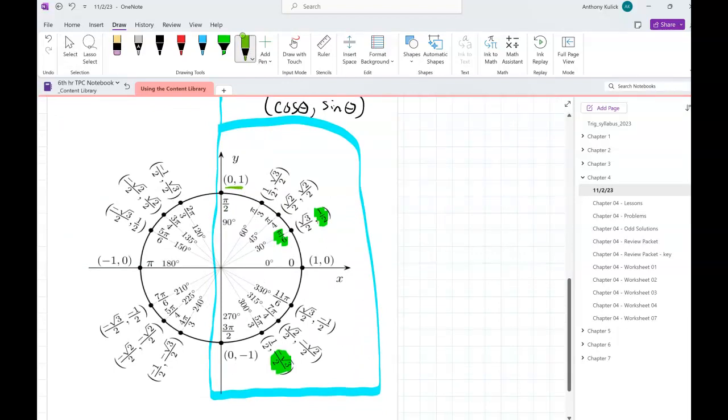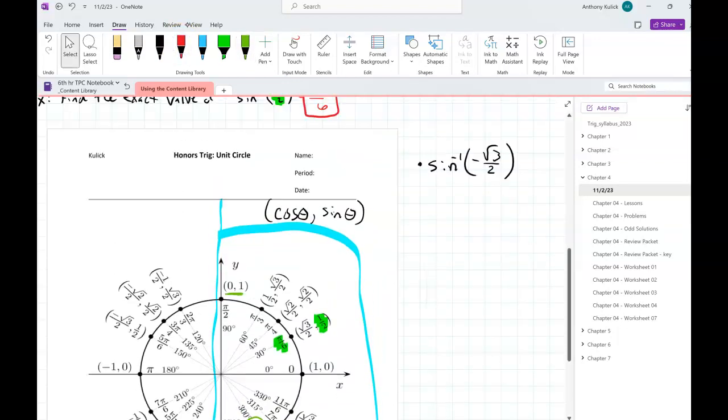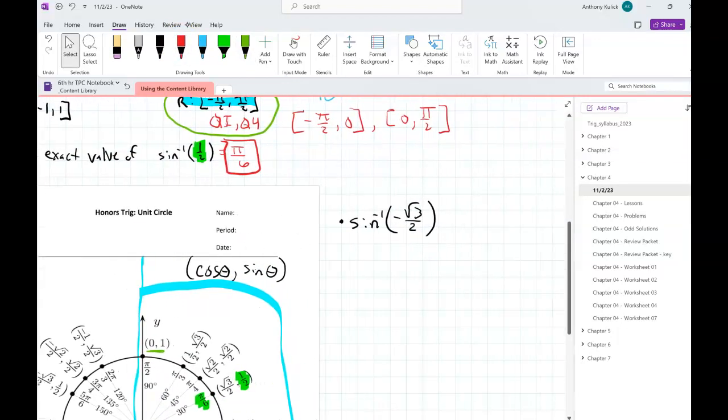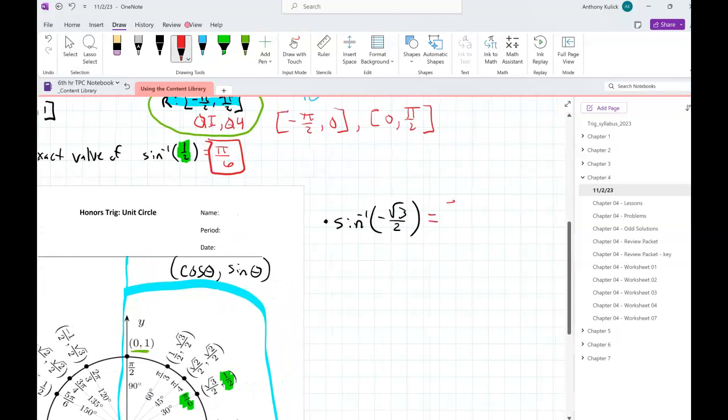So our answer is 5 pi over 3. What do we still need to do, though? Make sure it's between negative pi over 2 and pi over 2. Excellent. Is it? No, right? 5/3 is bigger than 1/2.